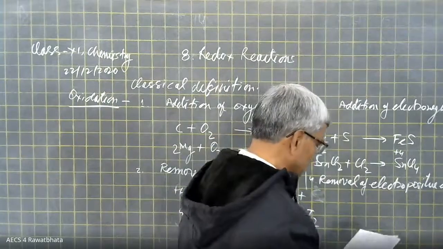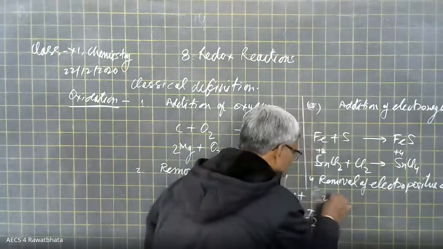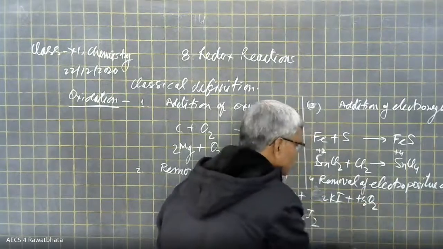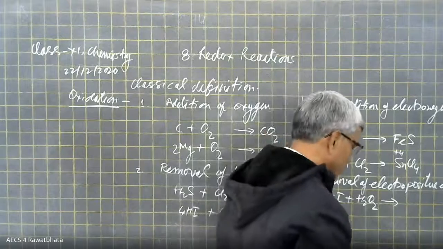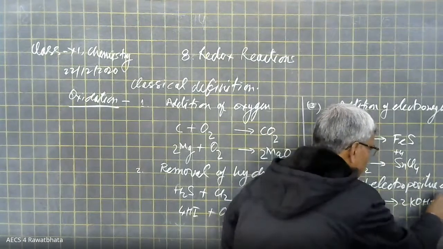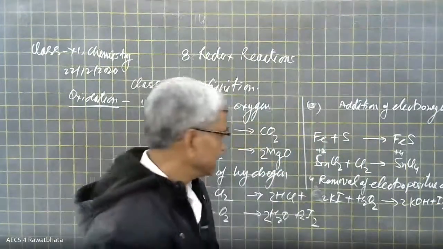Example, KI plus H2O2. A very limited reaction. 2KI plus hydrogen peroxide, H2O2, gives 2KOH plus I2. See that?